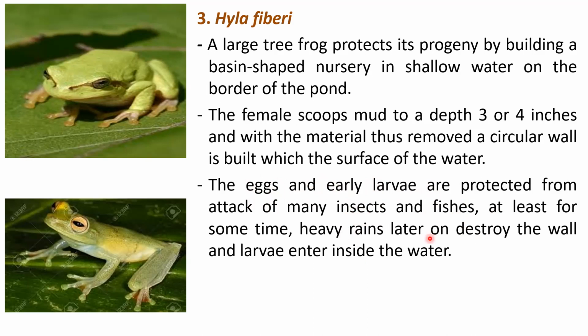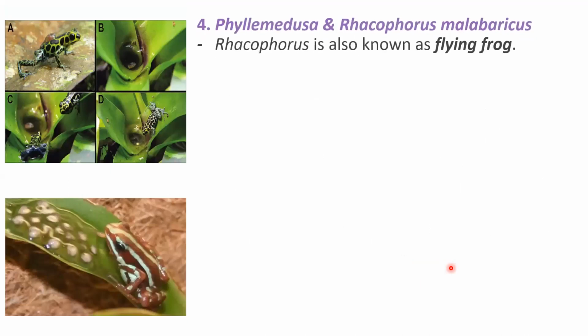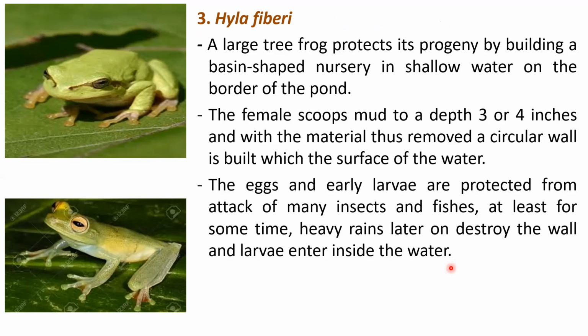And particularly after raining, these nests flow up with the water, flowing with the water and entering the pond, and in that place the eggs get hatched, and the larvae or hatchlings come out of that water. So these are some examples of parental care in frogs.